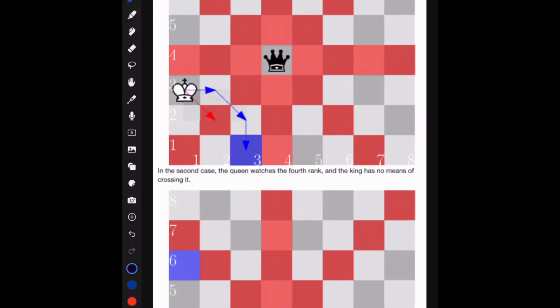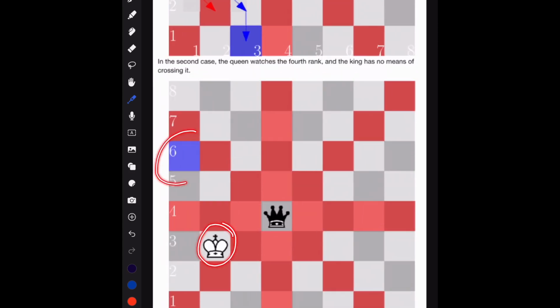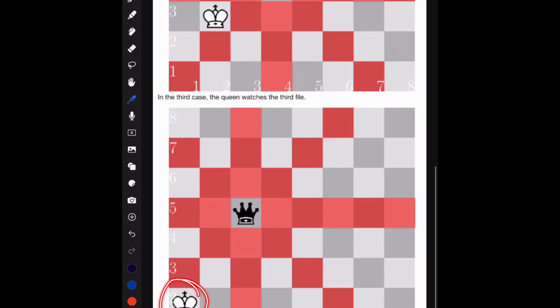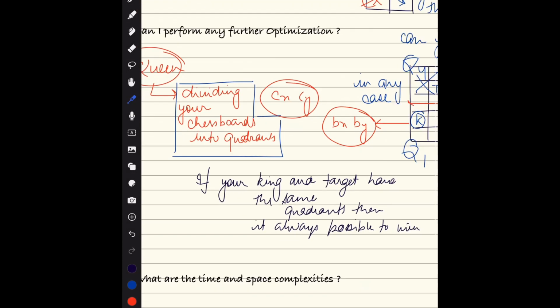Now, if I have a look at this particular test case, as you can see, your king and target are in the same quadrant. You can win. Your king and target are in different quadrants, you cannot win. Similarly, your king and target are in different quadrants, you cannot win. So this simplifies the approach much further. That is how you need to optimize. Just a simple mathematical logic will do the part, right?